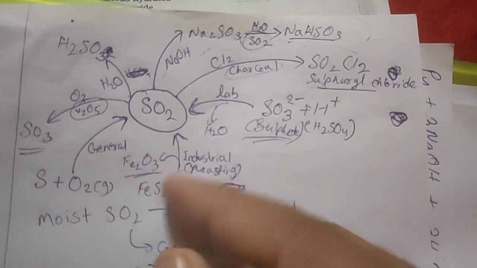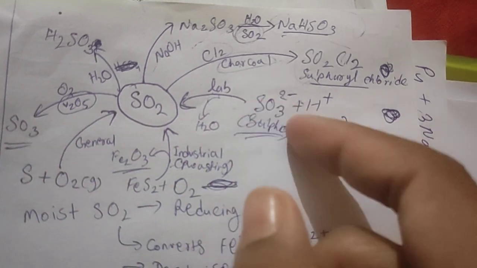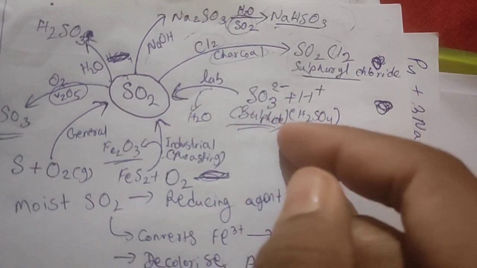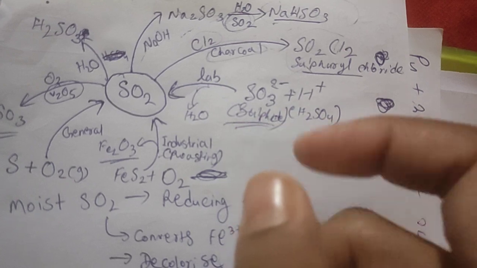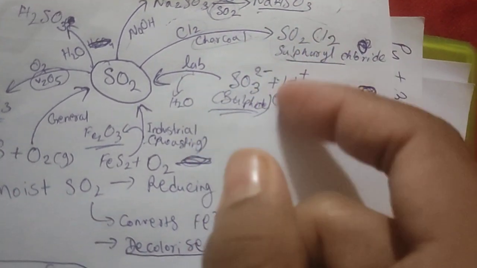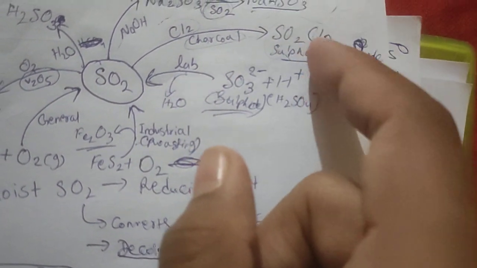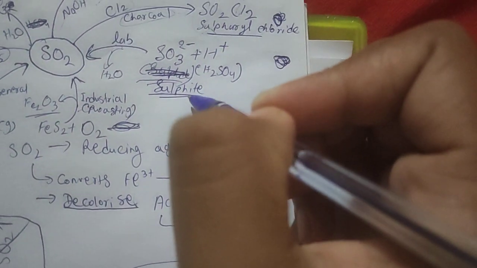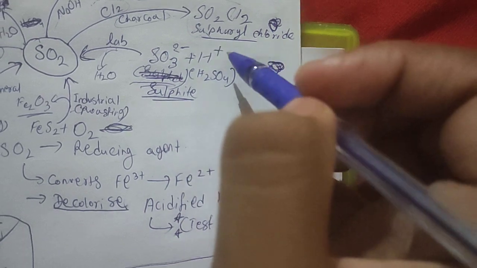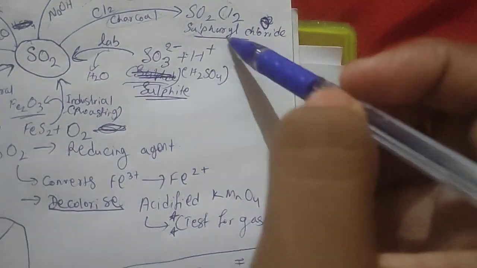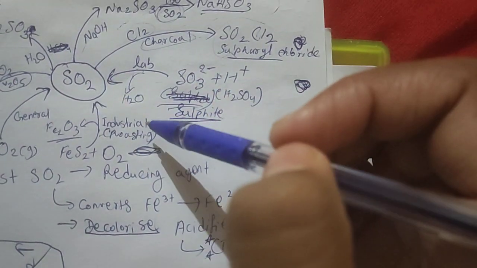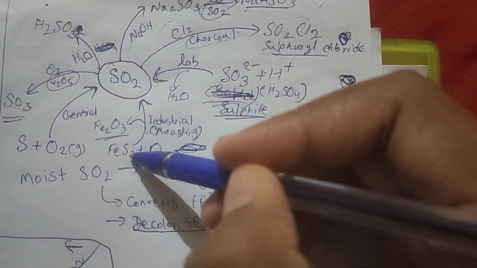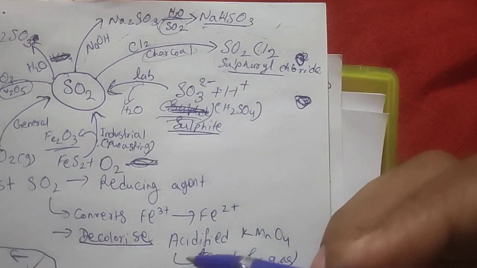Industrial is roasting of the ores, FeS2, and lab is from sulfite ions. Sorry, not sulfide ions, it's sulfite ions. When you treat sulfite ions with acid, it gives SO2. Sulfide is this, right, this is sulfite.